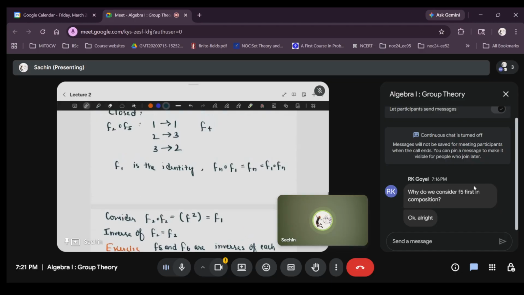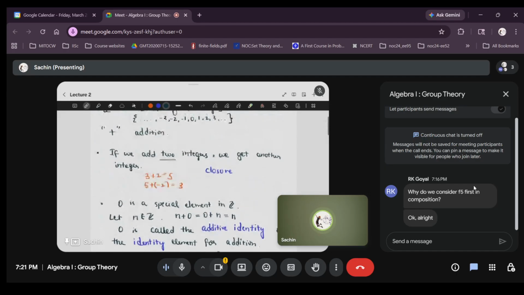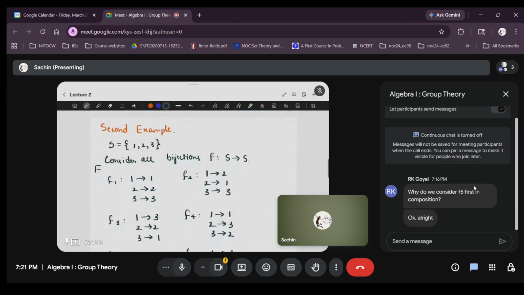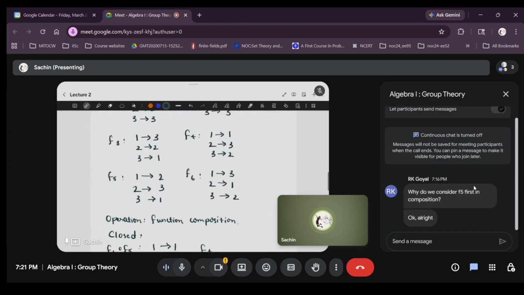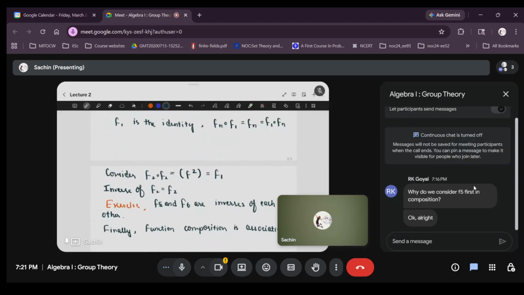So again, this set capital F with the operation composition of functions is similar to the set of integers in that the composition of two functions in this set is another function in this set. There is an identity element f1 and each element has an inverse.